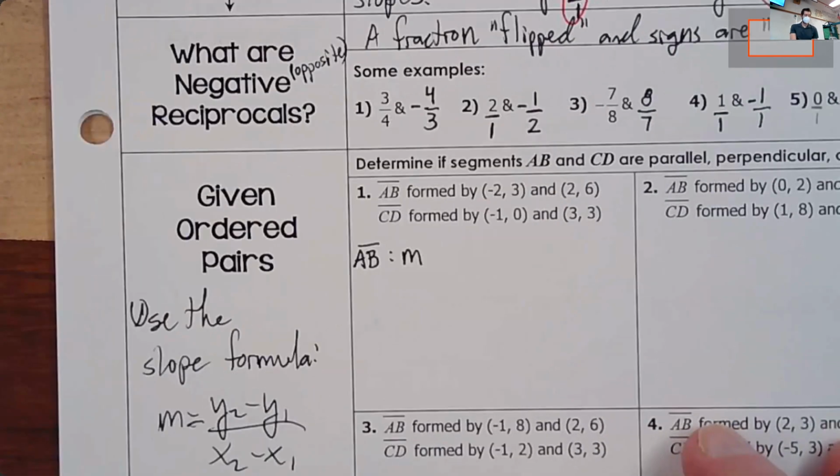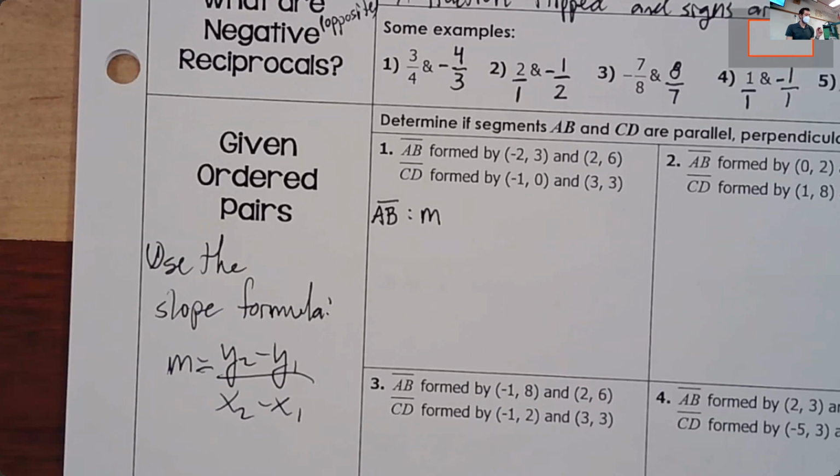We are using the slope formula for the remainder of the problems on this page, and I believe the first 4 problems on the next page. We're going to do 5 of these. We're not going to do all 8 of them. We're only going to do 5 of them.